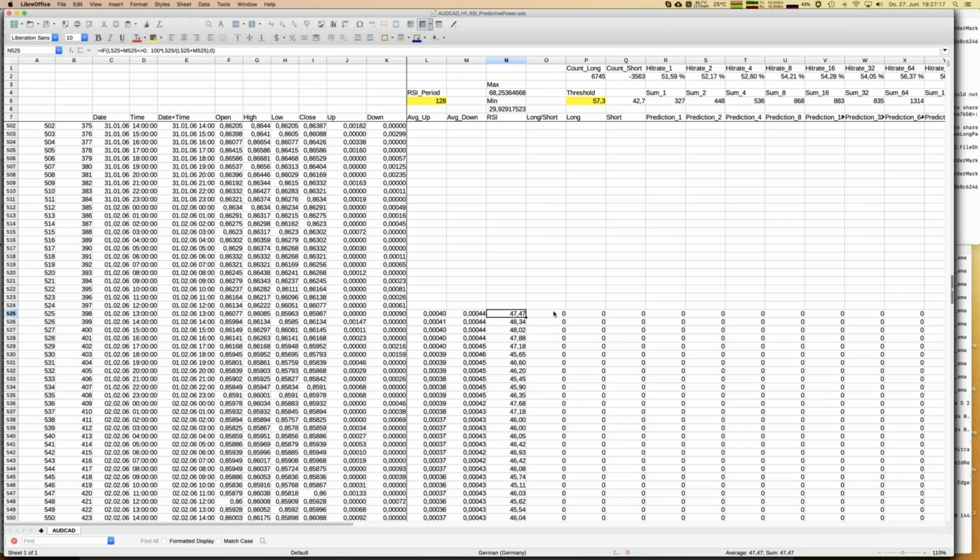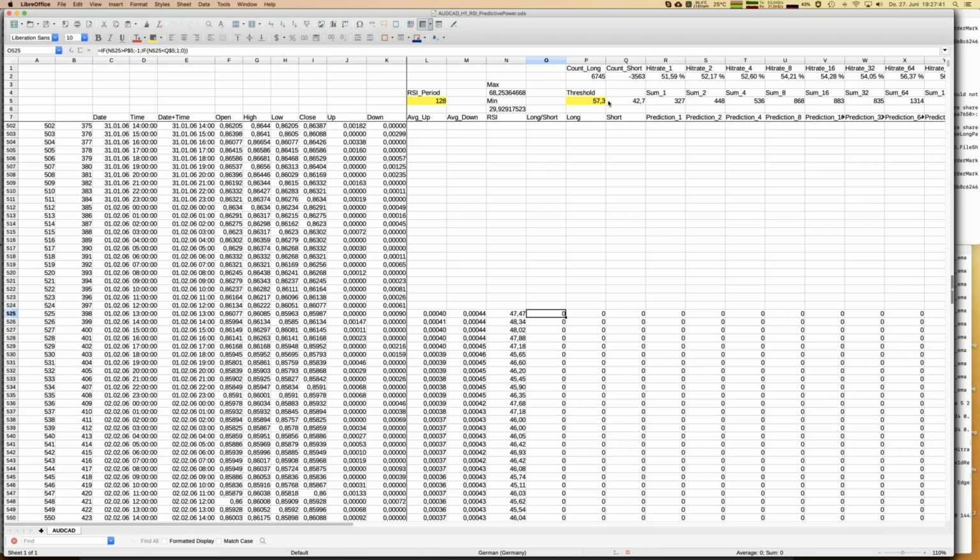And now we simply do the following. We ask ourselves, is the actual indicator above a certain threshold? That's the other yellow cell here. If so, we would think about a short trade.